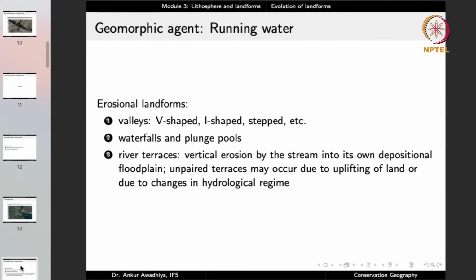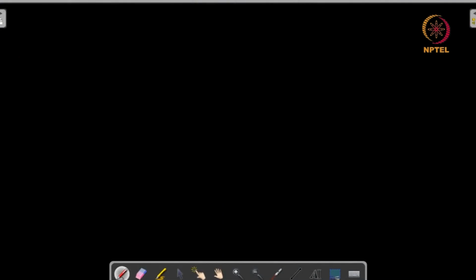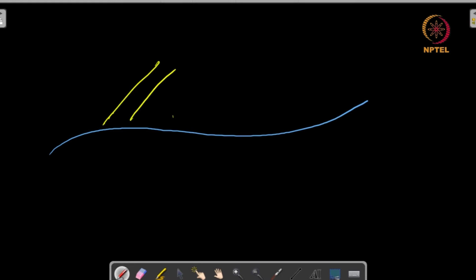Yet another landform is river terraces. Vertical erosion by the stream into its own depositional floodplain creates terrace. So what happens is, if you have a river and if this river is flowing in the plain areas, in that case the speed is going less and so the river is depositing material on both the sides.